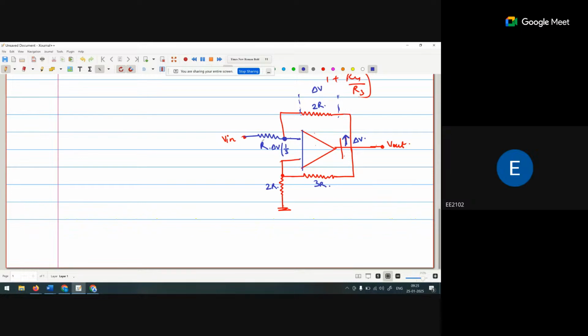Basically this circuit is like that one: del V, a 2R resistance, then an R resistance, then Vin. If I consider this as ground, we can easily identify the value.